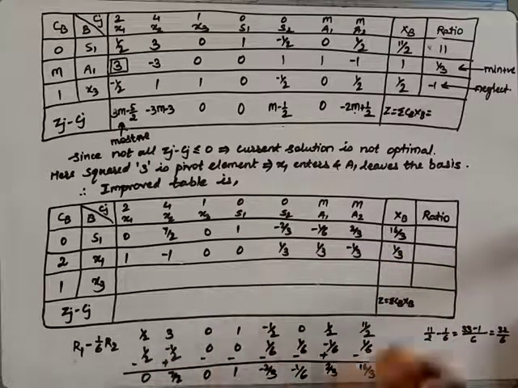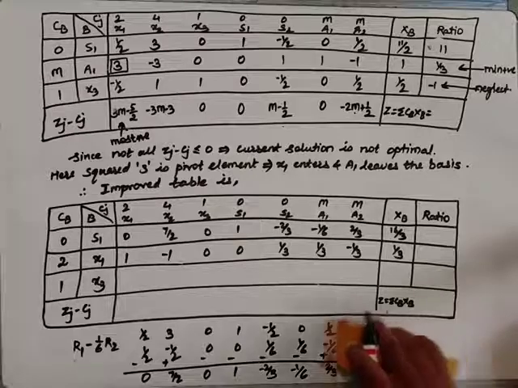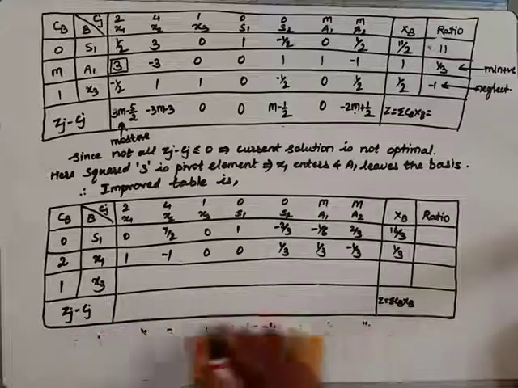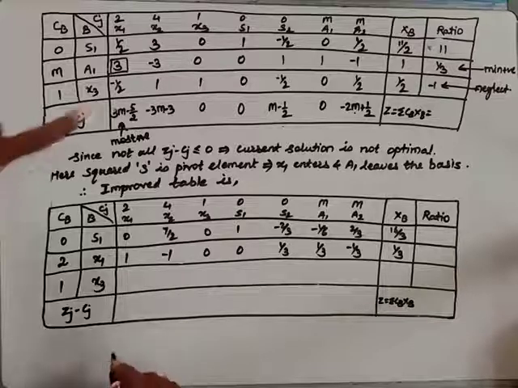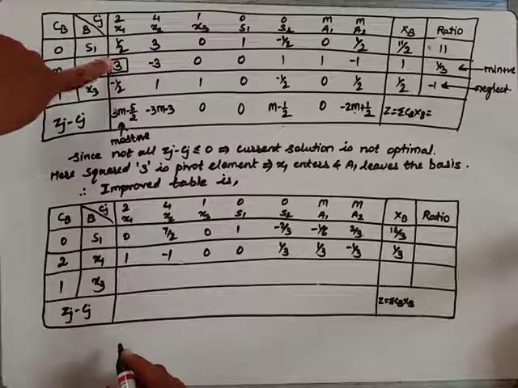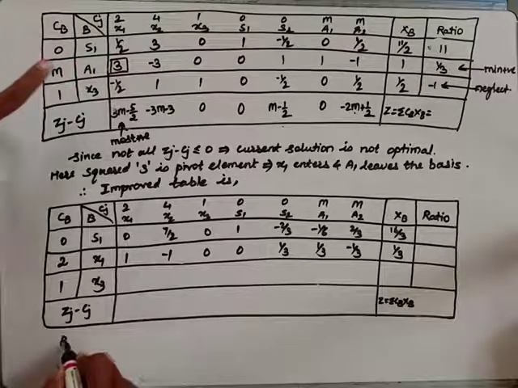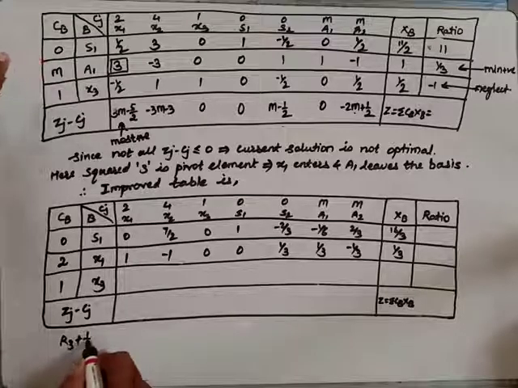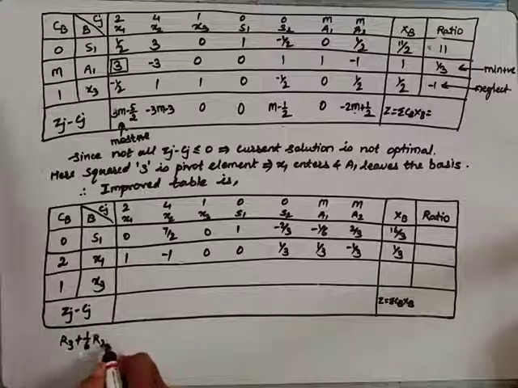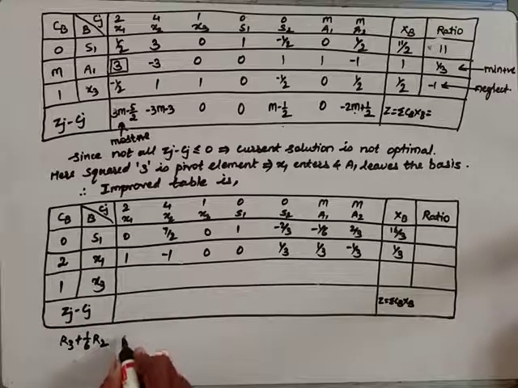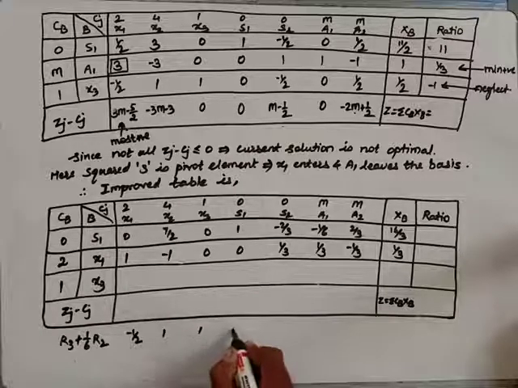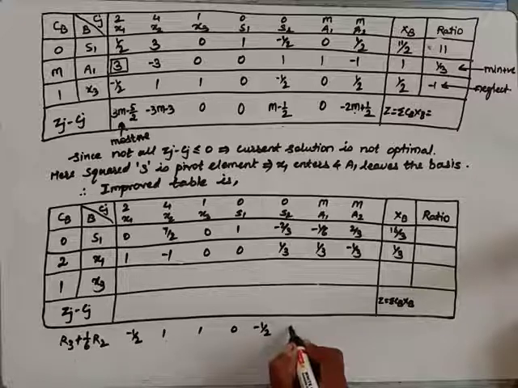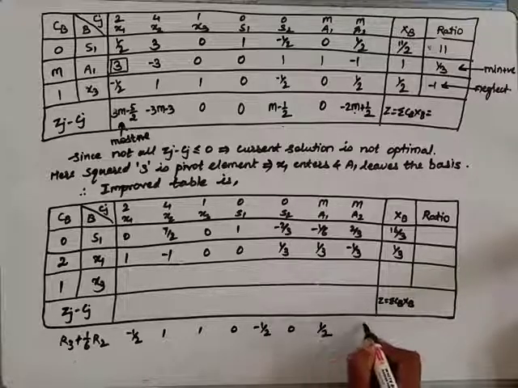Now let us determine the third row. For the third row we should perform an operation. It is minus half, so let us make it plus half. So for that the operation is R3 plus 1 by 6 R2. So the entries of R3 are minus half, 1, 1, 0, minus half, 0, half and half.